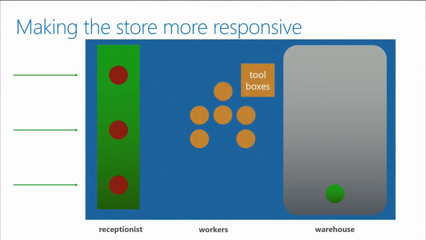Now, we can make this story a little bit more interesting. Imagine that in the store I have workers who speak English. English speakers come with certain toolboxes that allow them to assemble furniture maybe a little bit more efficiently.